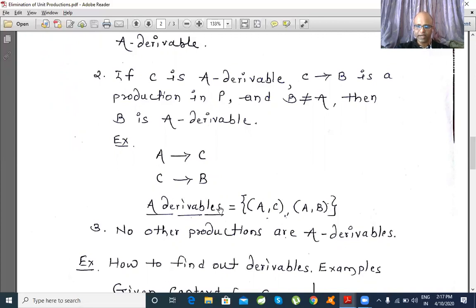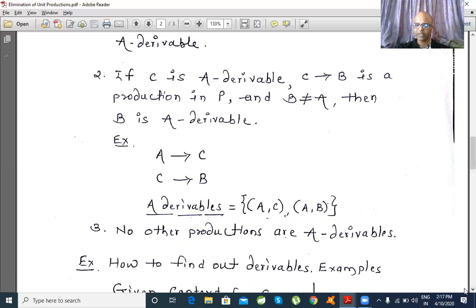So in this A derivables property, we include this pair which suggests C is A derivable from this production rule. And again, if C is deriving B, and A and B are not the same, then A derivable includes this pair, which we call B is also A derivable. This is rule number 2.